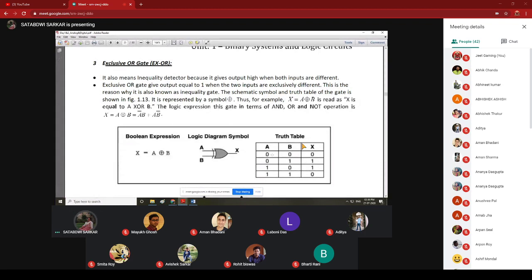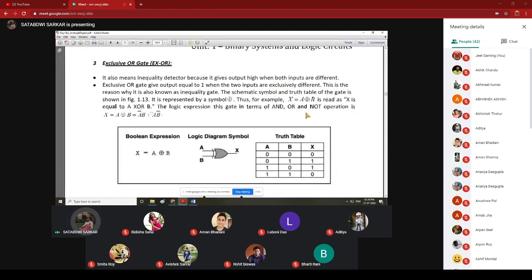But if we have the same input values, that is both A and B having the input value 0 or both A and B having the input value 1, then we will get the output as logic 0. So our LED will not glow. But if there are different input combinations, then our LED will glow, or we will get the positive output, that is 1.